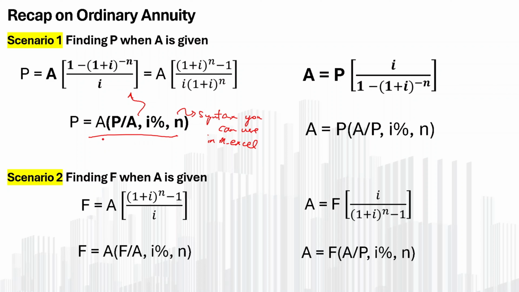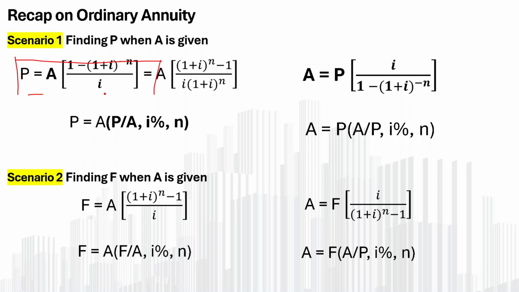So that you can automate the computation of present worth using the annuity, the interest rate, and the given period. Bear in mind, this is the formula. I can guarantee you, you will use this formula more often.